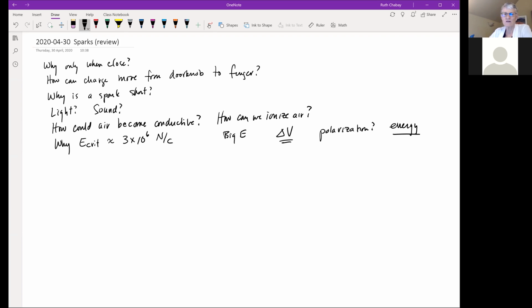Okay, so let's work through these ideas, one question at a time, and see where we get to. So why is a spark short? Well, maybe we get to equilibrium somewhere. So equilibrium. Okay. So let's start out by talking about how charge moves through the air.